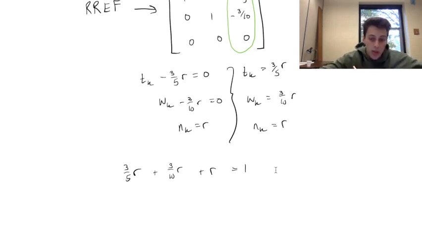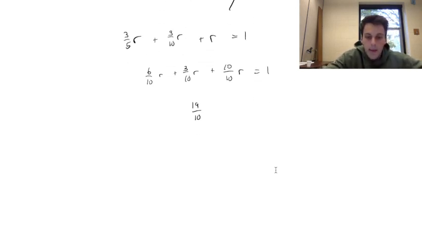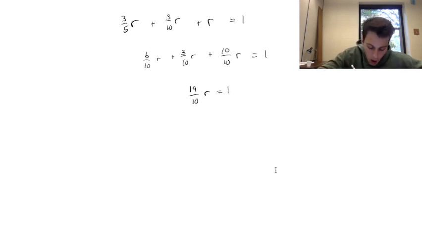So this is how we're going to solve for our parameter r. This is going to be 6/10 r plus 3/10 r plus 10 over 10 r is equal to 1. This leaves us with 19 over 10 r is equal to 1, or r is equal to 10 over 19.